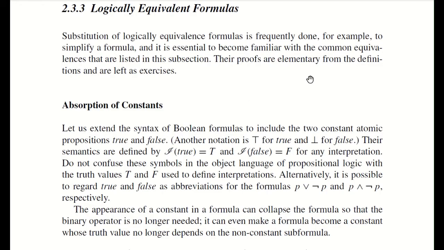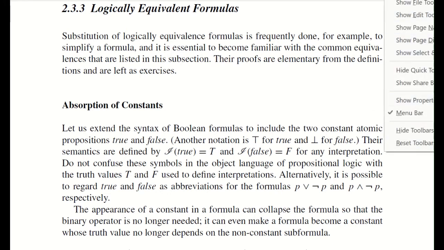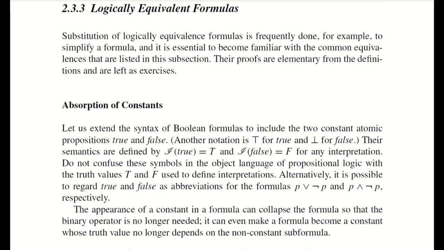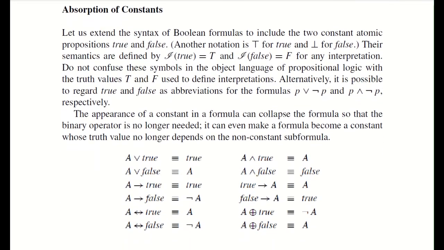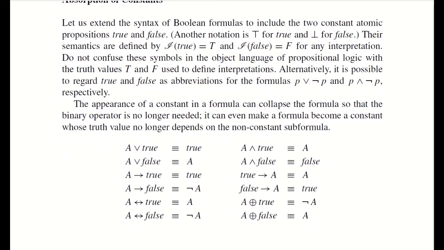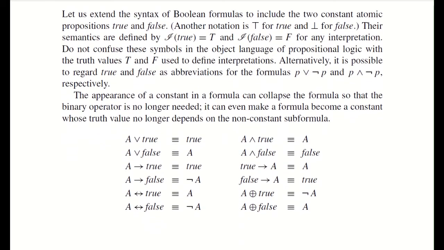Okay, next important thing I want to talk about is logically equivalent formulas. In Boolean algebra, we have to remember some important rules that help us to make computations. So let's have a look at the rules that help us to absorb some constants if we have them in a formula.